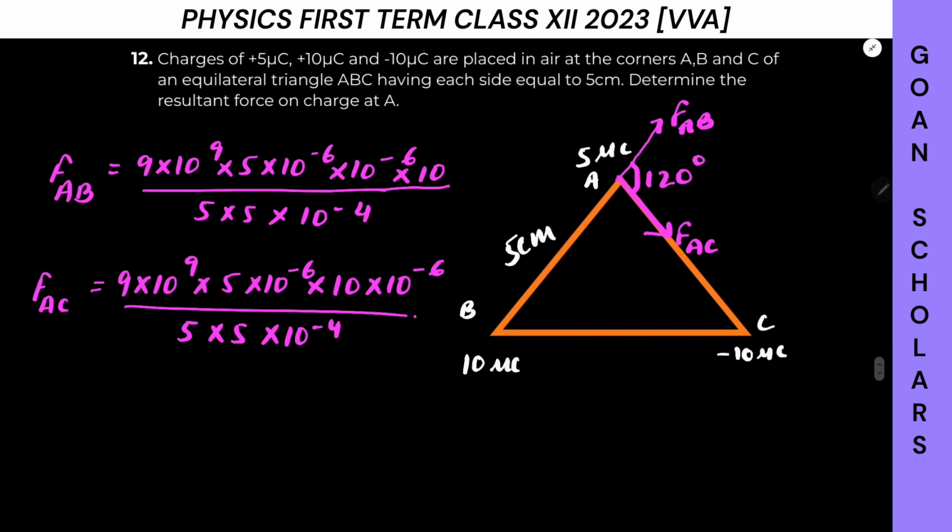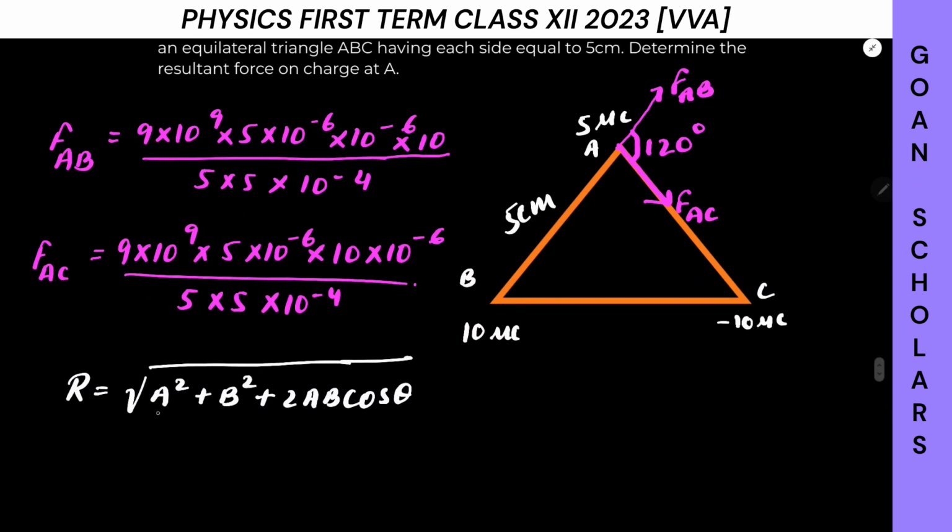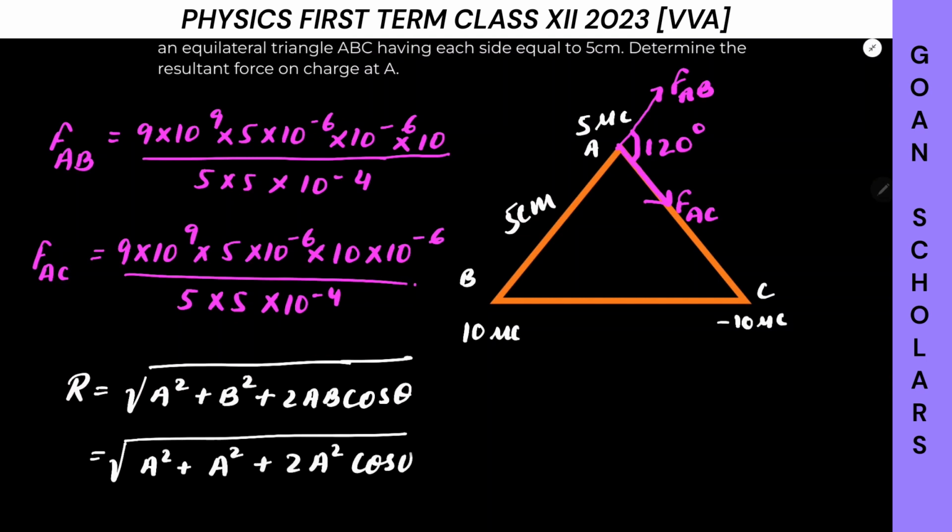So what will be their resultant? Let me recall our resultant formula from class 11th. R will be equal to root under A square plus B square plus 2AB cos theta. Theta here is 120, but A and B are equal. If A and B are equal, then this formula will reduce to this format: A square plus A square plus 2A square cos theta.